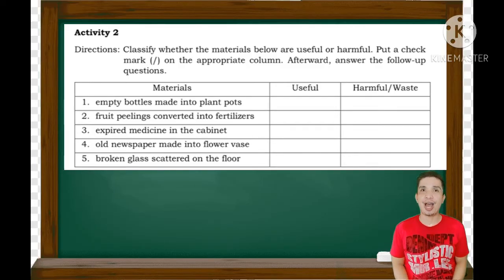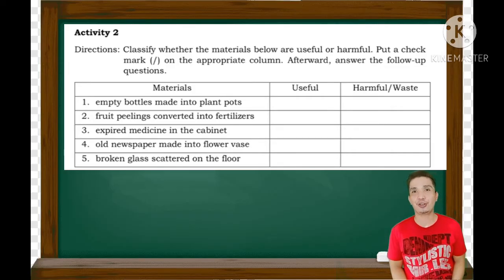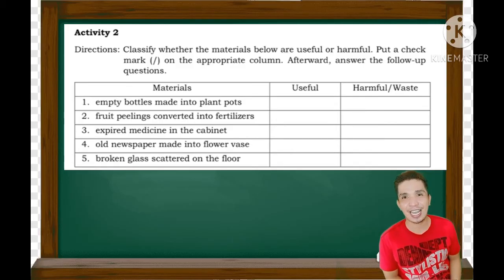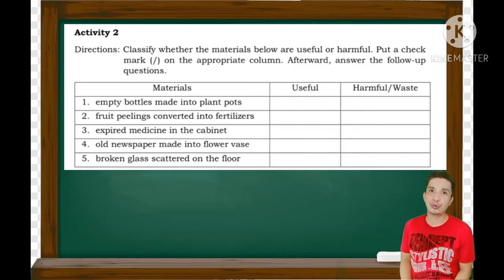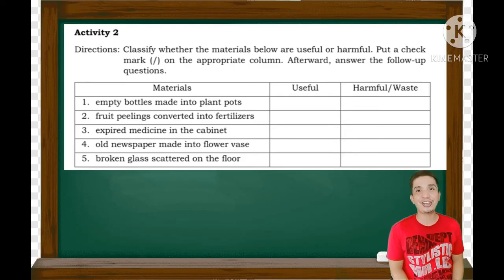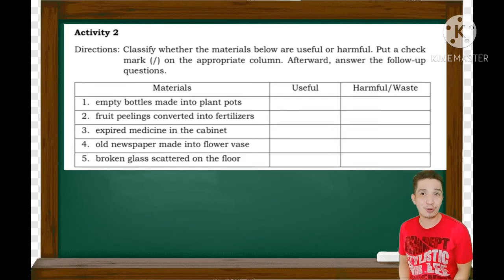Materials. Number 1. Empty bottle made into plant pots. Ito ba ay useful or ito ay harmful? Kung ito ay useful, i-check ninyo sa ilalim ng useful. Kung ito ay harmful, i-check naman ninyo sa ilalim ng harmful. Number 2. Fruit peelings converted into fertilizer. Ito ba ay useful o harmful?